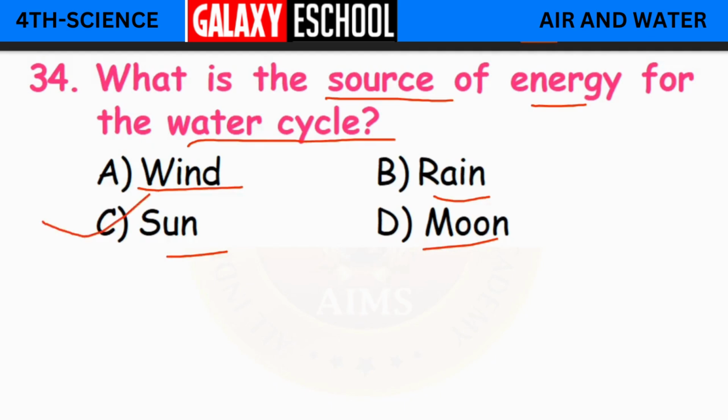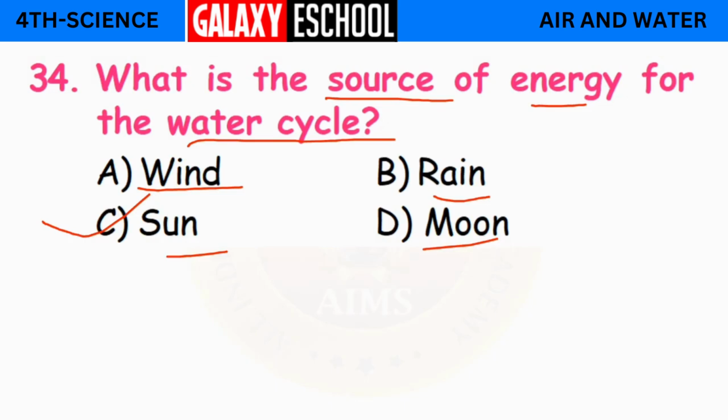Because of the sun, the water gets heated and rises up in the form of water vapor. When that water vapor cools down, it changes into water drops, which in turn form clouds and then cause rain. This is why the main source of energy for the water cycle is the sun. And the water cycle is a continuous movement of water.